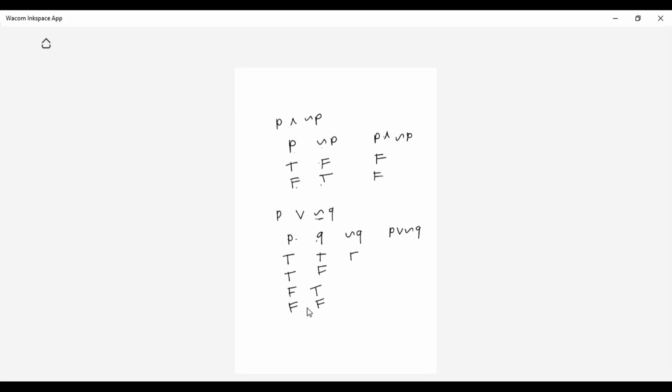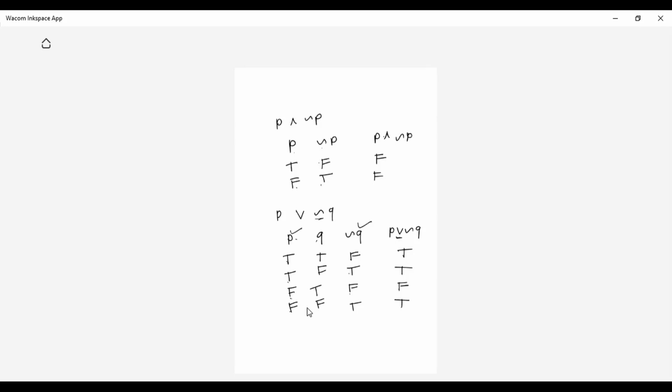I'll have false, true, false, true. And P or negation of Q. So true, false is true, then true, true is true, then false, false is false, and false, true is true because it is OR.